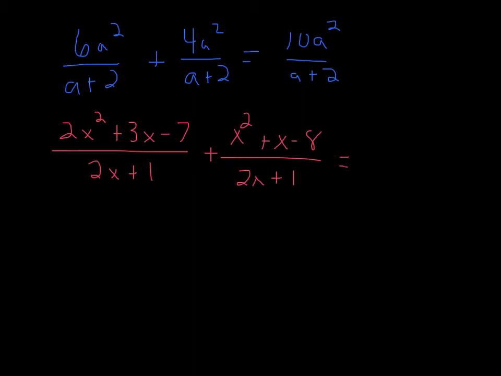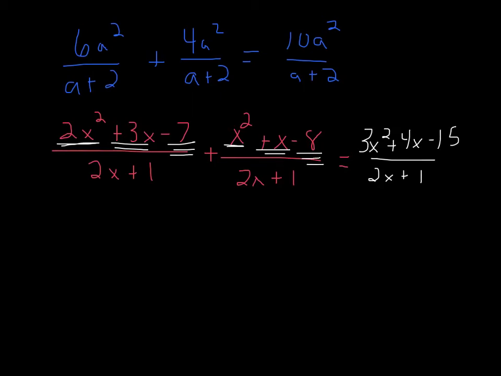We just combine like terms. Okay, so our first like term, we have 2x squared and x squared. Our denominators stay the same, 2x plus 1, so we got that. So 2x squared and x squared, that's going to give us 3x squared. And then we have 3x's and another x, so that gives us plus 4x. And then we have negative 7 and a negative 8. That gives us minus 15, right?